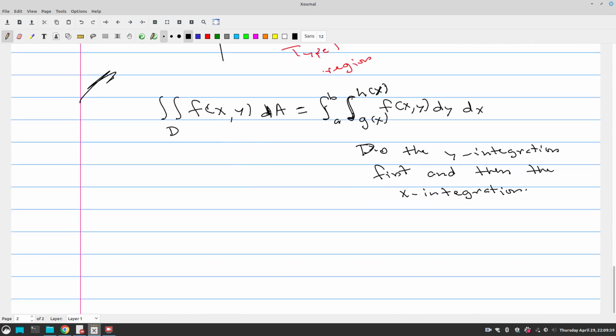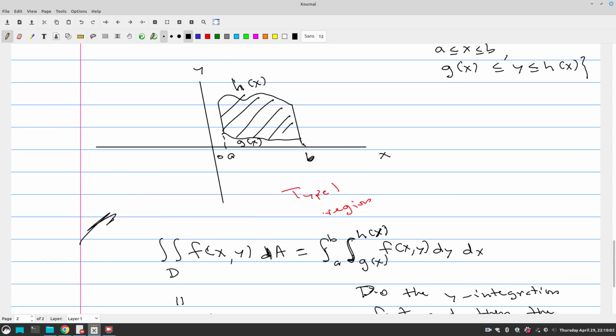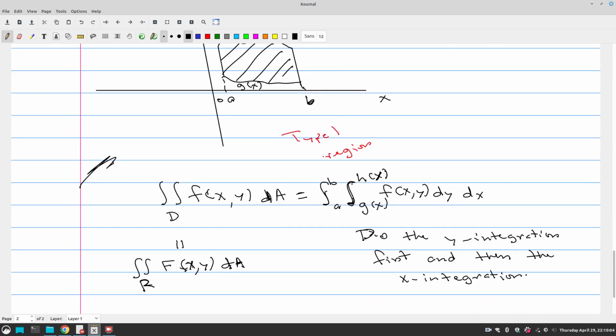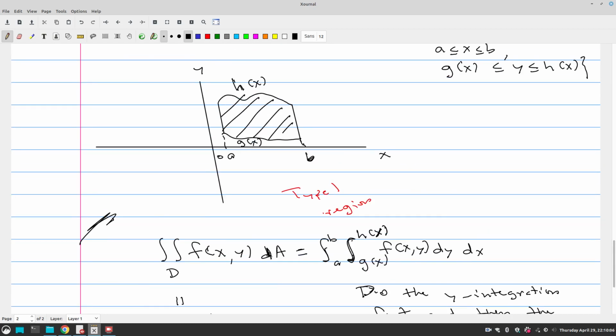Right. So this is equal to, as we've already seen, the integral of capital F(x, y) dA, and the integration is over R. Now what is R?